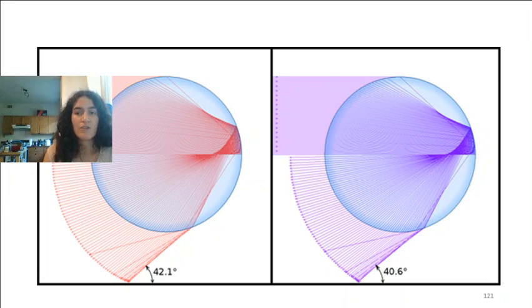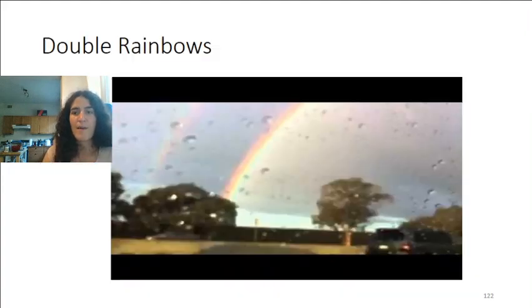For blue light it turns out to be 40 degrees. And this difference in the maximum angle actually gives me the arc of the rainbow. So let's see why that happens.